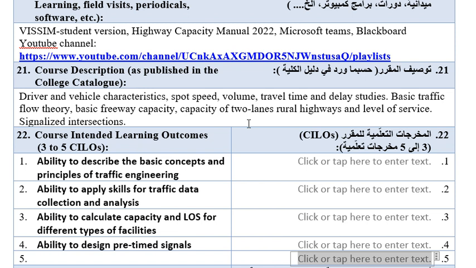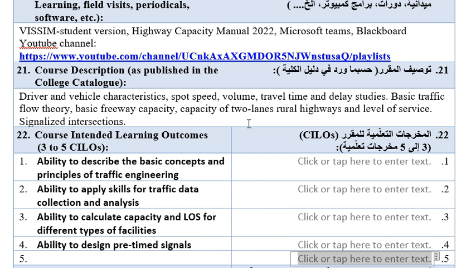There are 4 outcomes which we are looking for from this course. First of all, you should have the ability to understand and describe the principles and concepts of traffic engineering. Then traffic data collection, how to collect traffic data and how to analyze it. Then calculation of capacity and LOS.